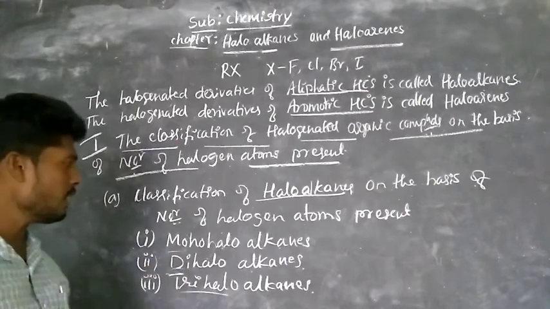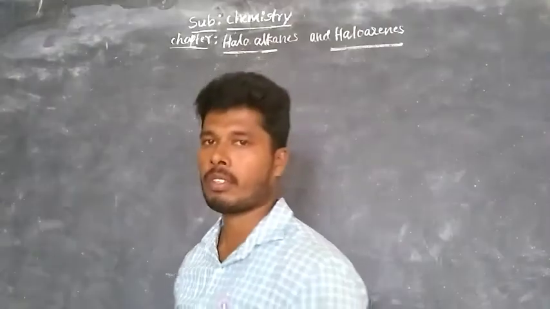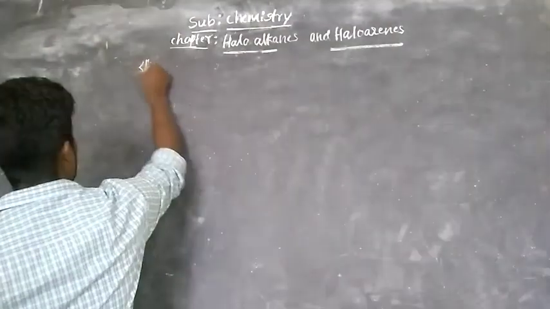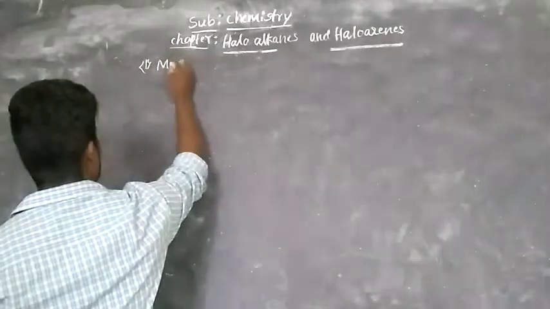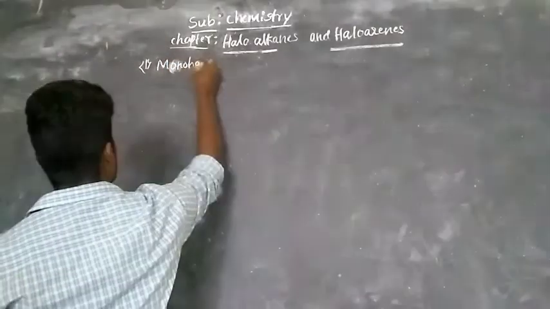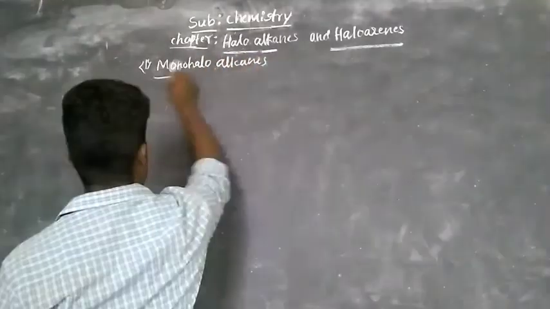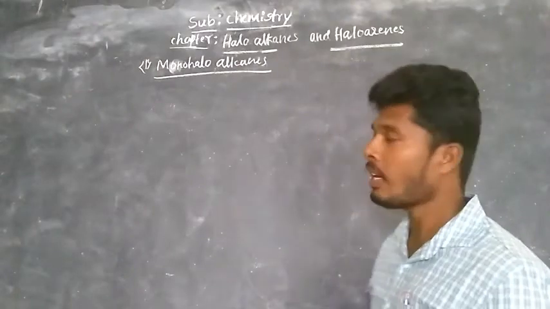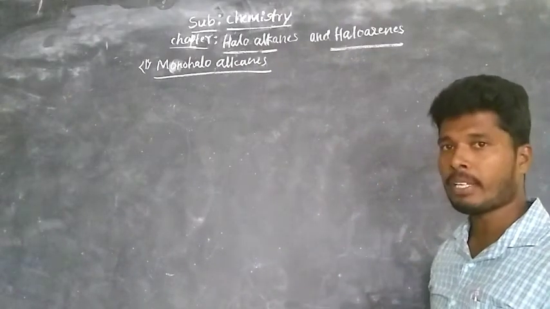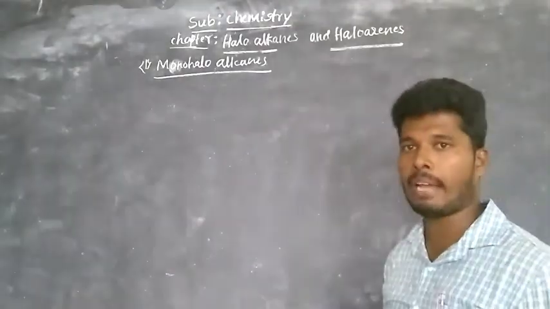Now take the first one, monohaloalkanes. These monohaloalkanes are obtained by replacing one hydrogen atom in an alkane by a halogen atom.